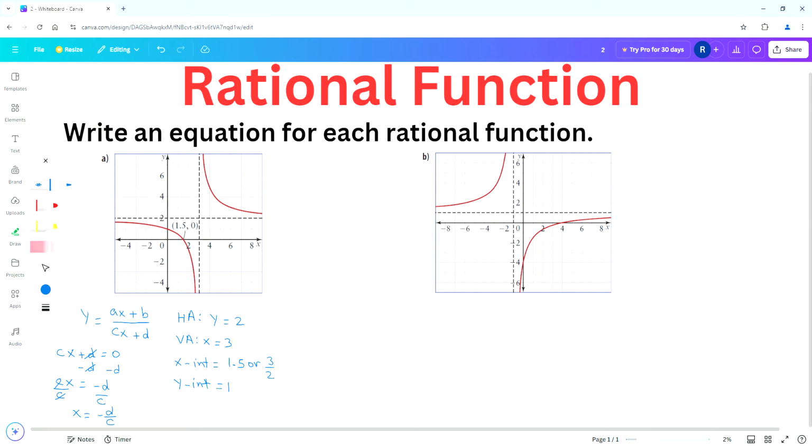I get x equals negative d over c. In the given graph, the vertical asymptote is x equals 3. That means negative d over c should be equal to 3. The denominator of 3 is 1. That means c can be equal to 1 and d can be equal to negative 3.